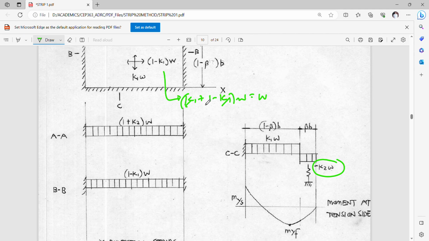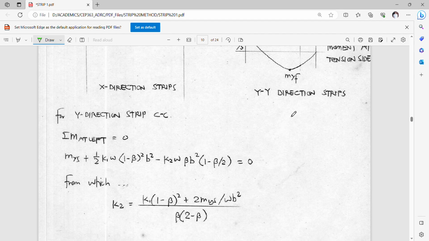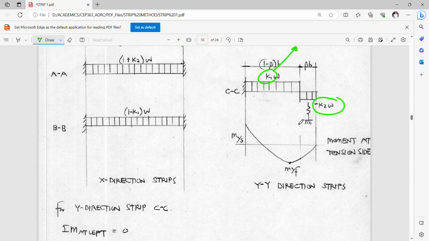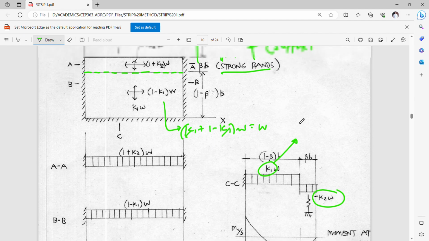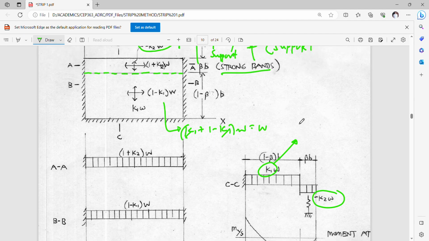Then K1 can be chosen directly using the formula below. We can assume a distribution of K1 based on the previous lessons that I have given you.